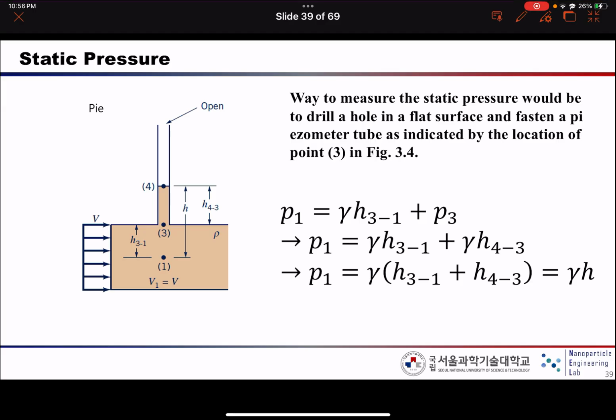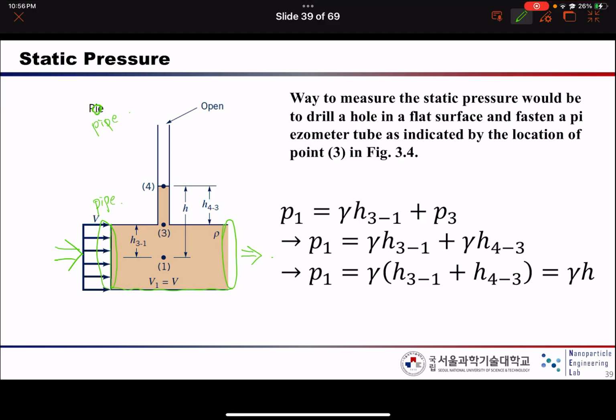So here let's talk about the static pressure first. The way to measure the static pressure would be to drill. So basically here is the pipe, and the water or the air is coming from the left to the right.